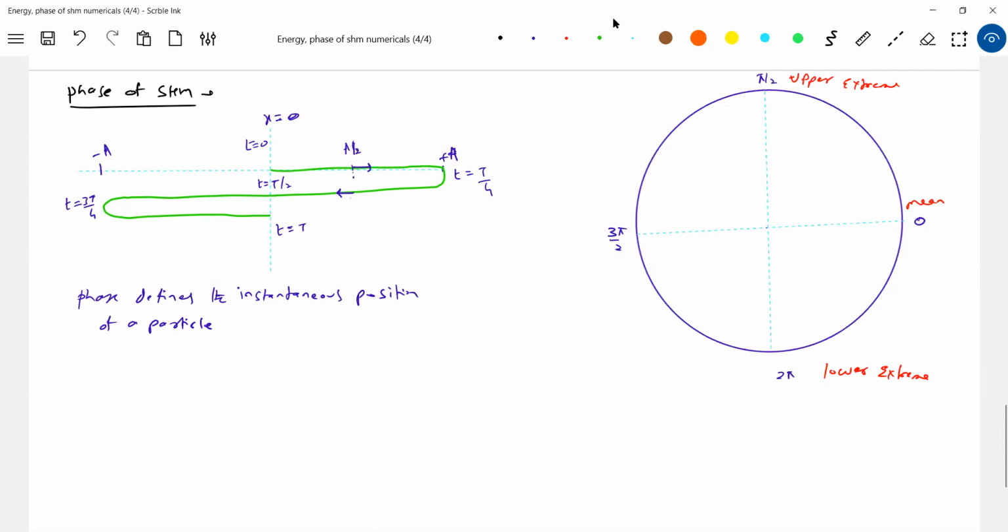Let's do one thing. Particle at a by 2, so shall we put it here? What will this distance be? This is the amplitude, so shall we indicate plus a by 2 here?